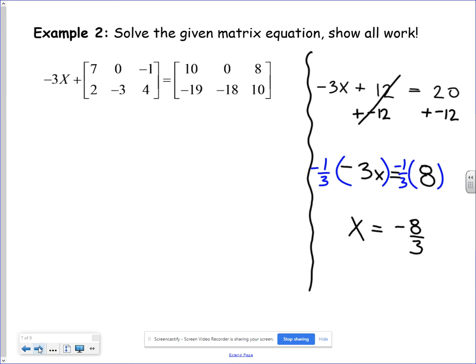So the first step is going to be to add the additive inverse of this matrix. So we're going to change the signs of all my elements. I'm going to add that to both sides of my equation.